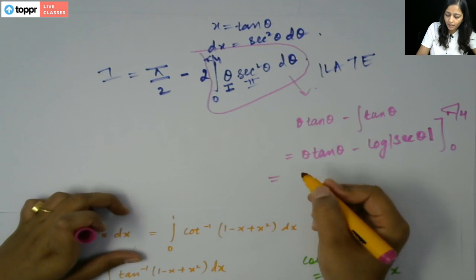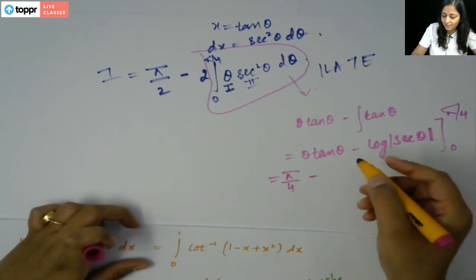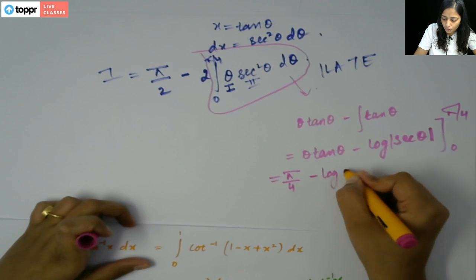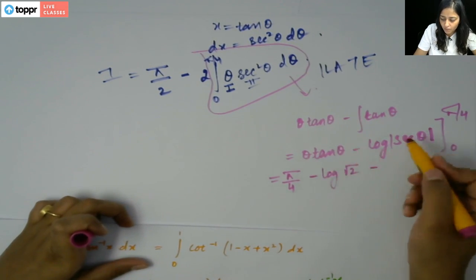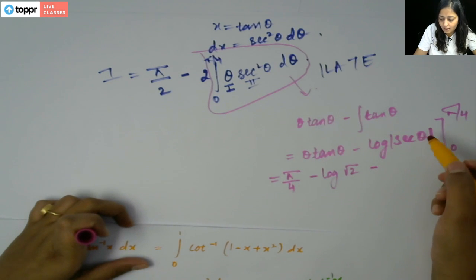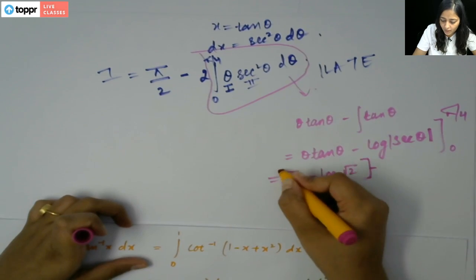If we write pi by 4, tan pi by 4 is 1 and sec pi by 4 is root 2. So log root 2 minus, if we substitute 0, this term is 0 and this term would be log 1, which is also 0. So my answer is this.